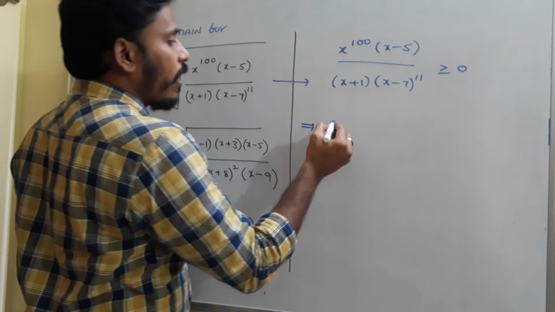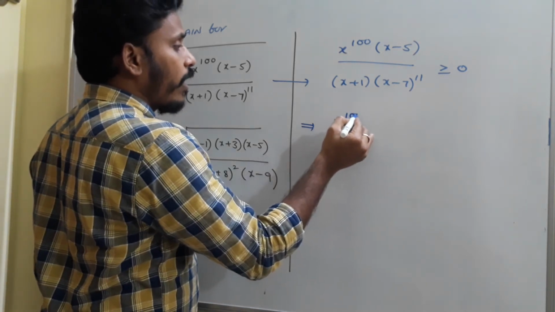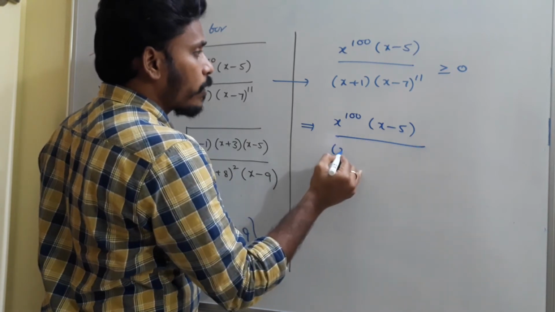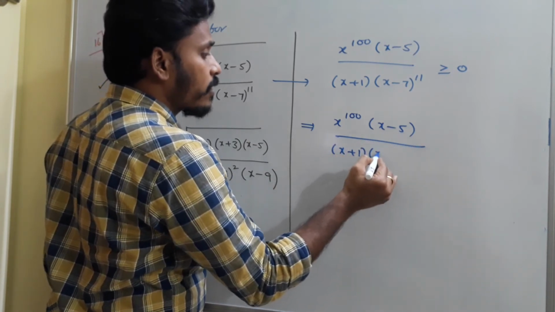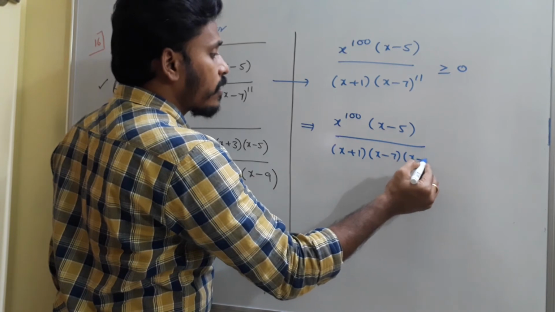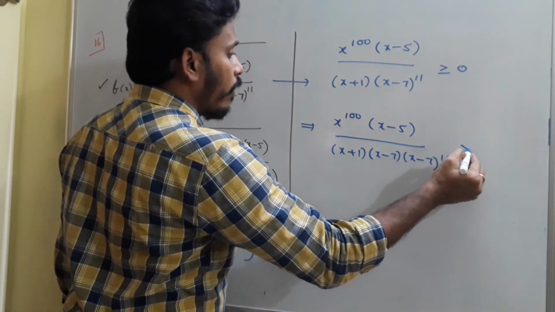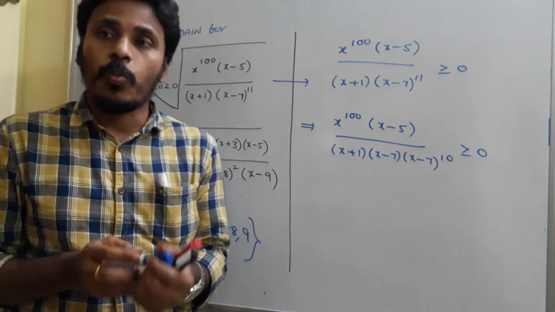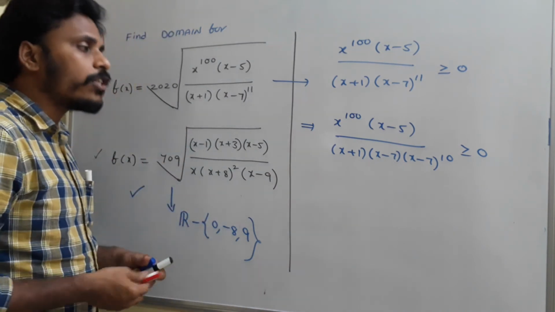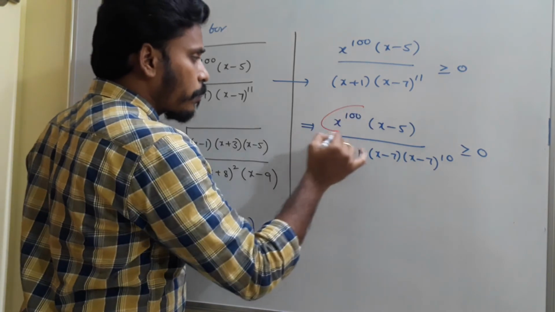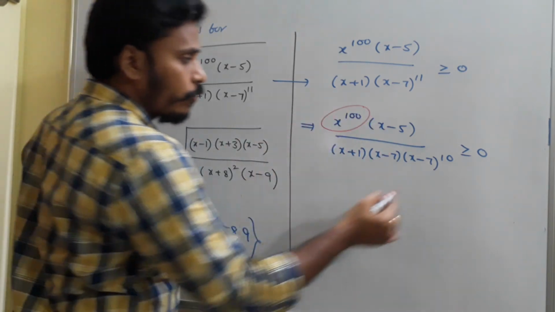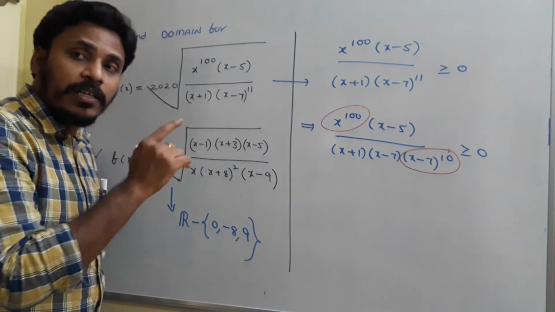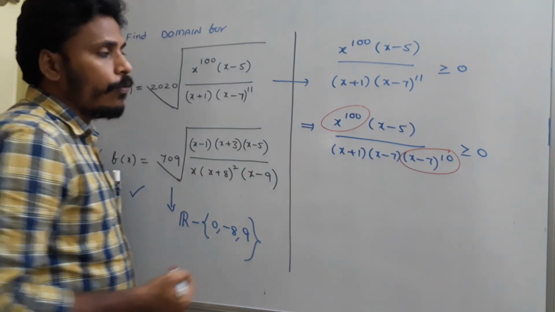See, you just rewrite it like this. Okay, x power 100 into x minus 5 divided by x plus 1 into x minus 7 into x minus 7 to the power 10, which is greater than or equal to 0. Just rewrite that power 11 as 1 into 10. Okay, and now you just think about it. This x power 100 is always positive. This x minus 7 power 10 is always positive, because the power is an even number, so the result is always positive.